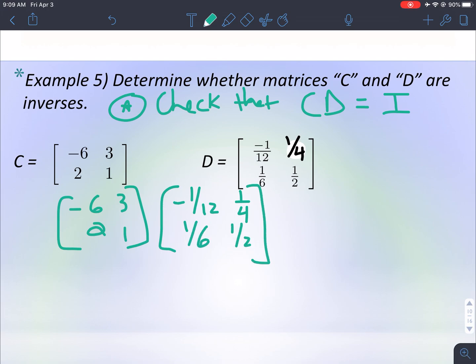At this point, I would encourage you to stop the video, perform that multiplication, and see if you can get an answer that tells you whether or not C and D are inverses.